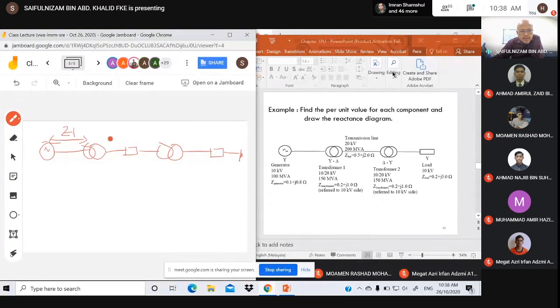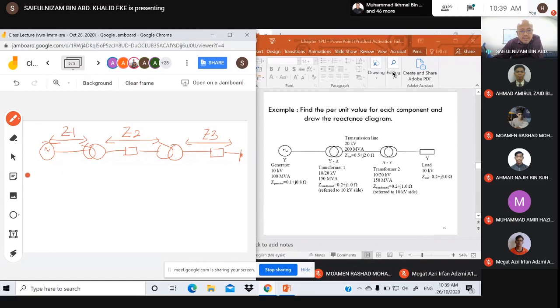This is zone 2, Z2. And this is zone 3, Z3. From the generator to the primary of T1 is considered zone 1. From the secondary of T1 to the primary of T2 is zone 2. Starting from the primary of T2 until the end of the load is zone 3.